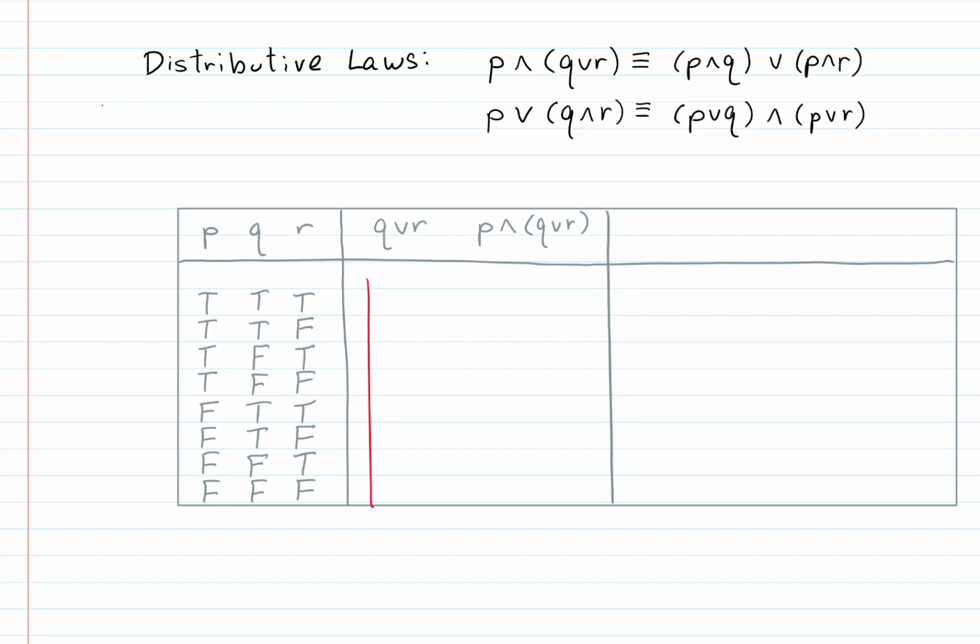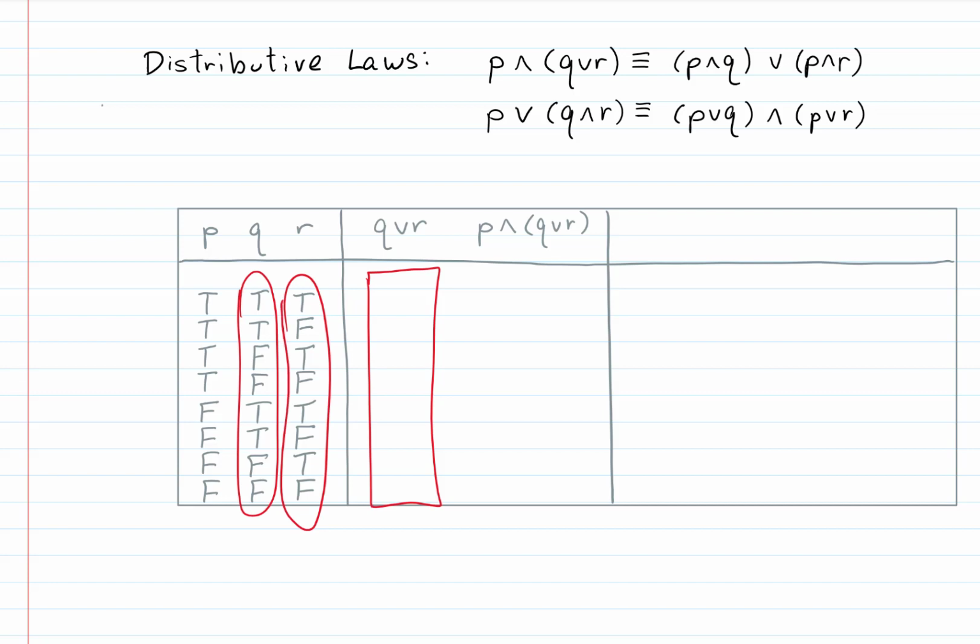Okay, so right here, the disjunction of Q with R. So I need to look at Q and I need to look at R. Disjunctions are true as long as one of the two are true. So that'll be true in that case, and that case, and that case. True here, true here, true here. Another way of saying it is that a disjunction is only false if both components are false.